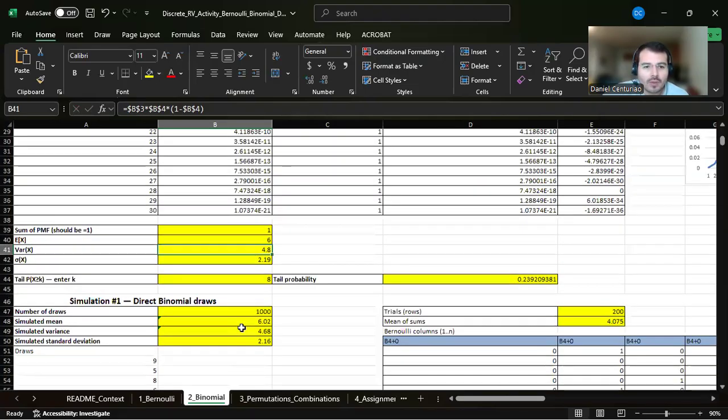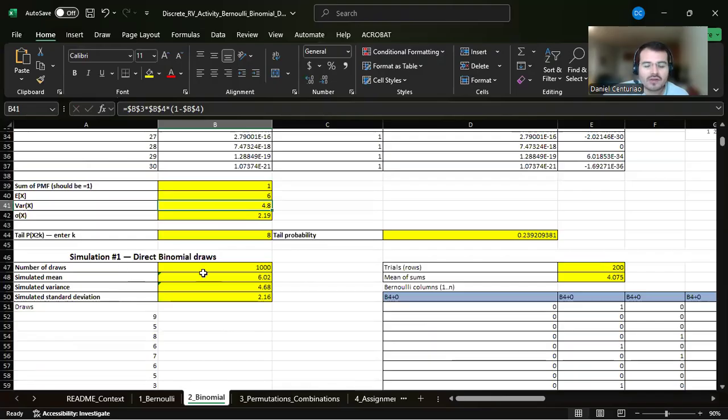What I did then is create a simulation with a lot of draws as well. I calculated again the simulated mean, variance and standard deviation based on the draws of the data that I have. I want you to do a similar exercise of comparing both of them again and understanding why they are similar or not.